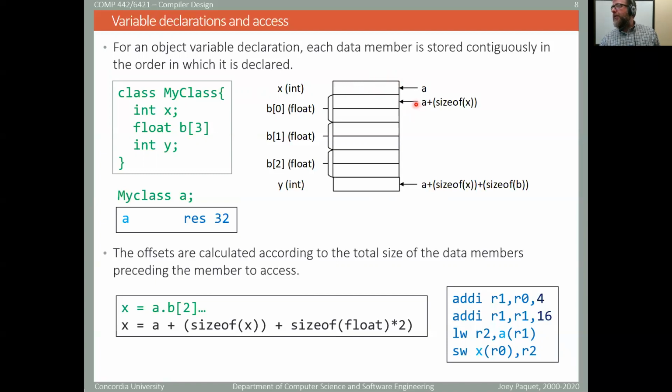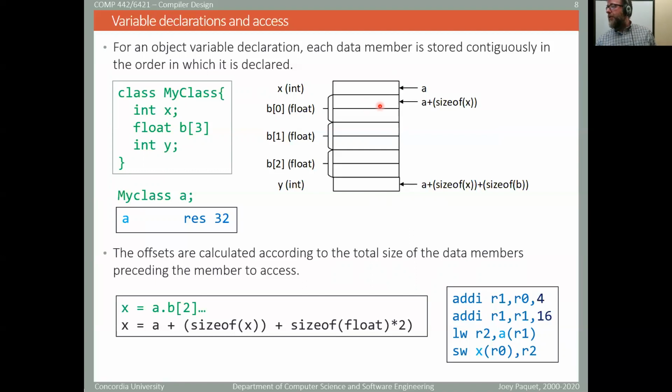If I want to refer, let's say, to the first element of the b data member of my object of type myClass, then I would use a plus offset of x, plus the size of an integer. So basically, a with offset 4 is the first word of the b element of my object.